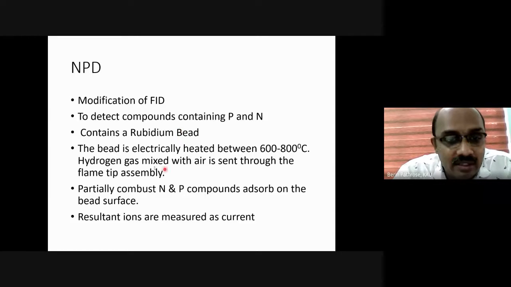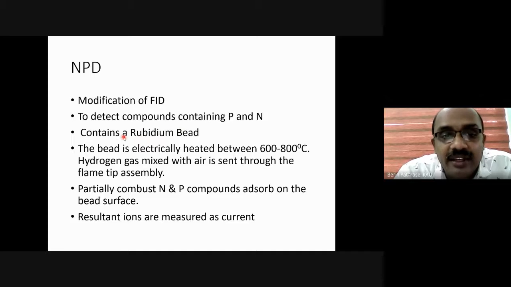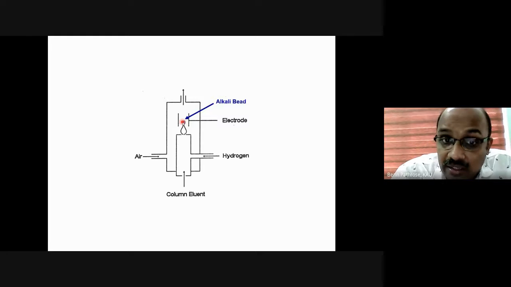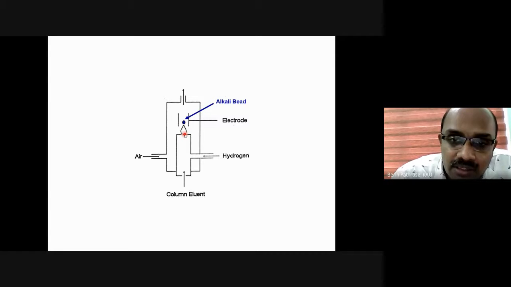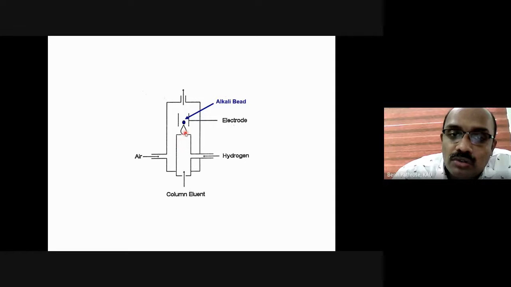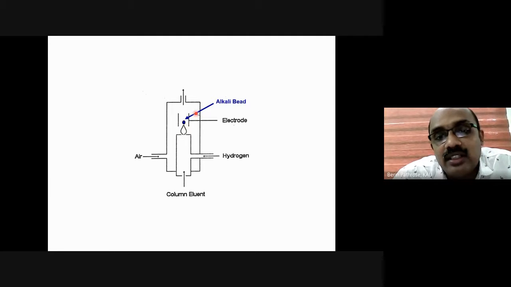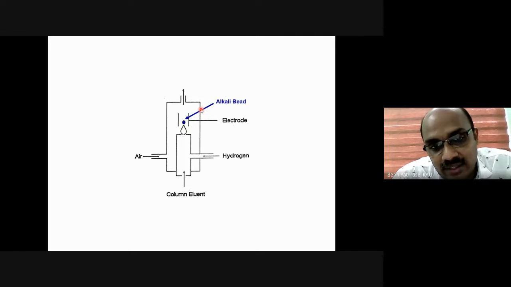Rubidium. You can see, yes, rubidium bead. This rubidium bead is held at a high temperature of 600 to 800 degree Celsius. And once the compounds are burned, all those compounds which are having nitrogen and phosphorus will get attracted towards that rubidium bead, and it will generate a current, and that current will be measured.